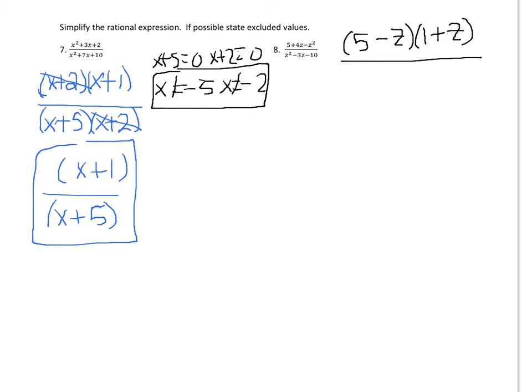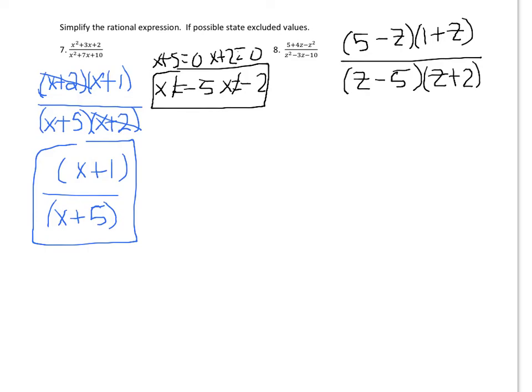Okay, what multiplies to negative 10 and adds to negative 3? Negative 5, positive 2.